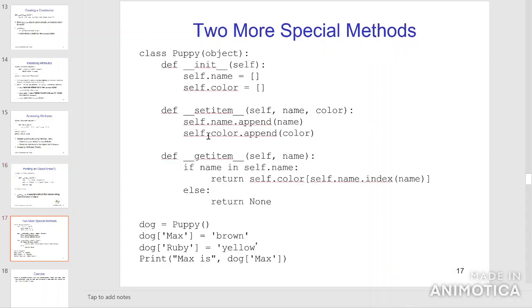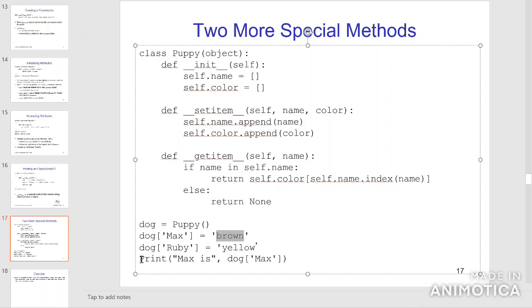Okay, and for set item and get item, you also don't need to specifically call these two methods. To trigger these two methods, you just need to assign a value to it. Okay, so this way dog Max has a color of brown and dog Ruby has a color of yellow.